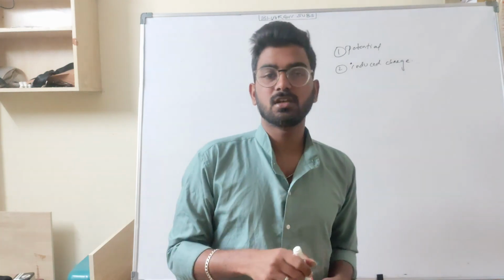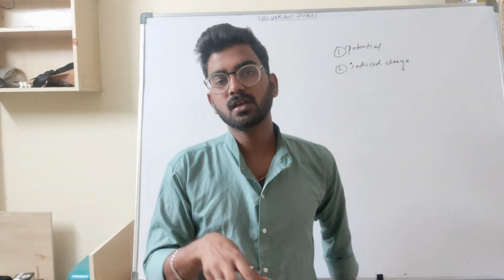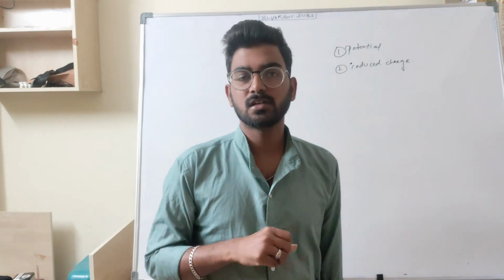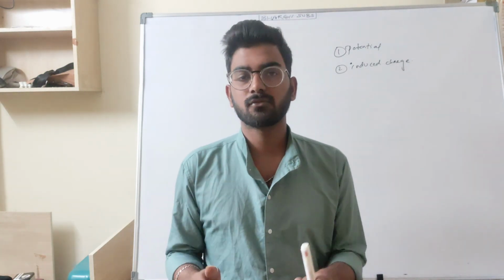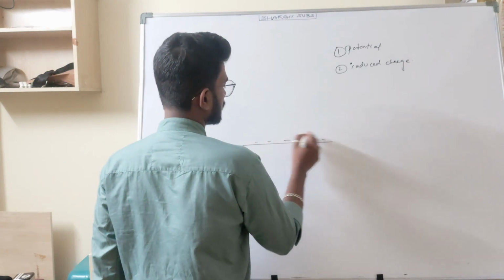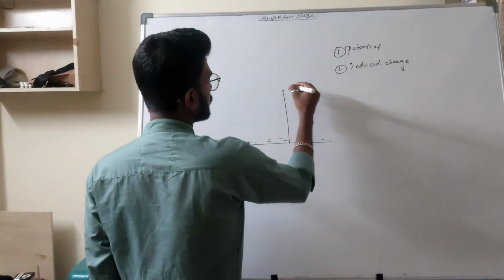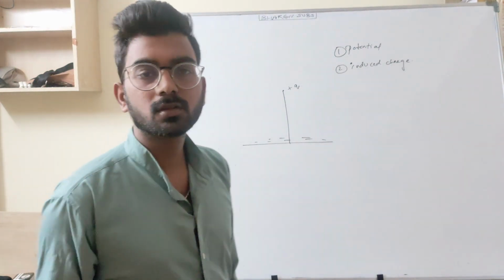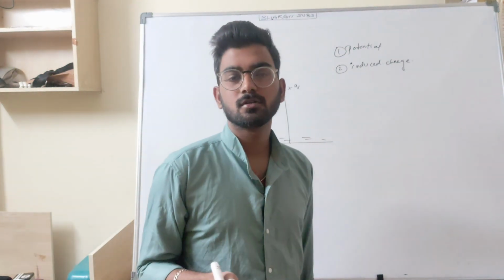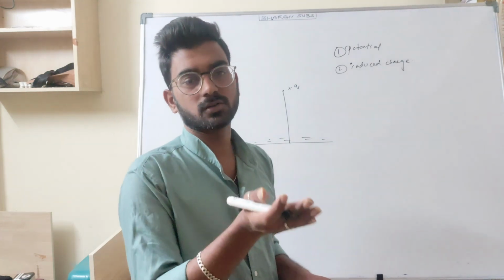If the charge was present outside, due to that charge there is a creation of surface charge density on this conducting surface, because a conductor contains free electrons. When a charge plus q was present, due to this positive charge, the negative charge was attracted to one side.